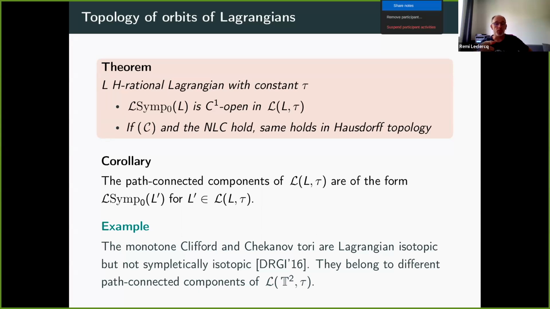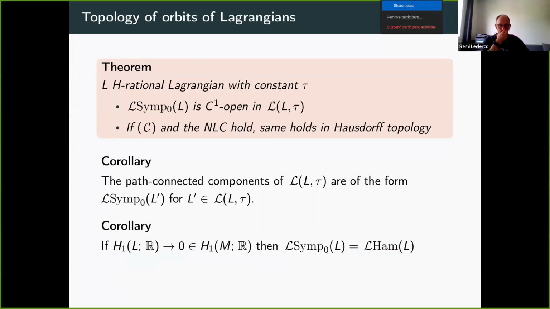With what I wrote before, it proves that they belong to different connected components of the space of tori which are tau H rational. Or if you go by a continuous path from one to the other, then you need to leave this space.